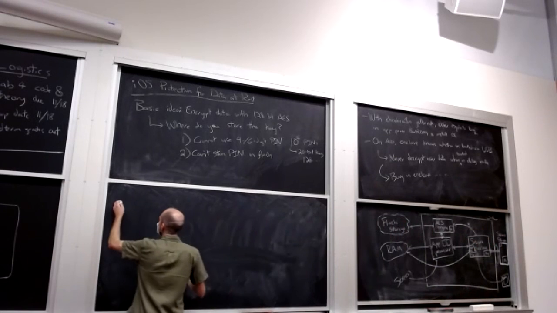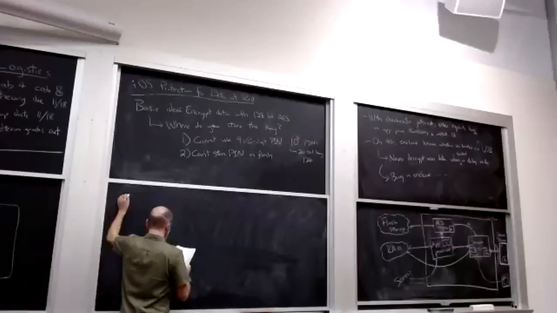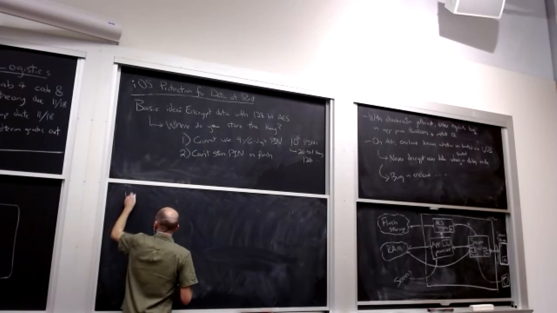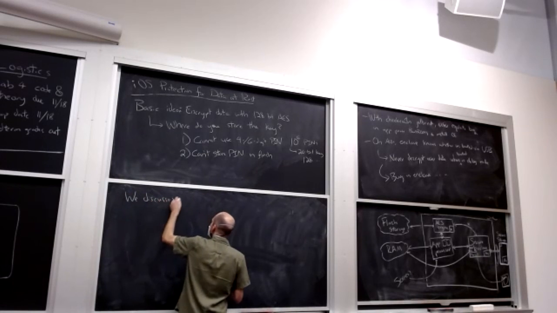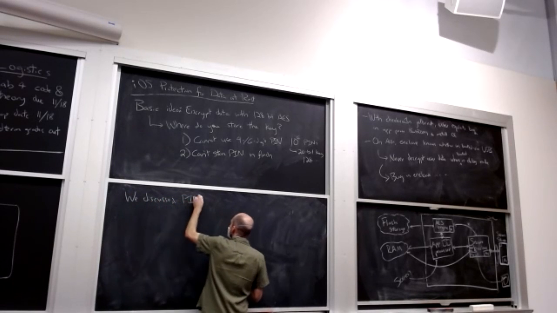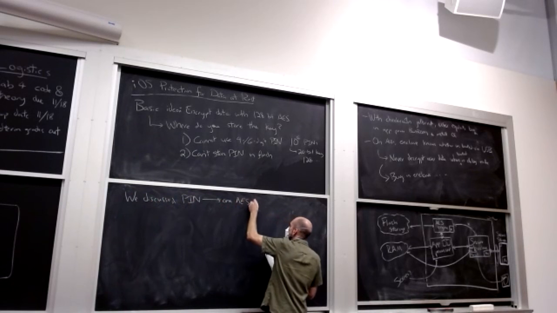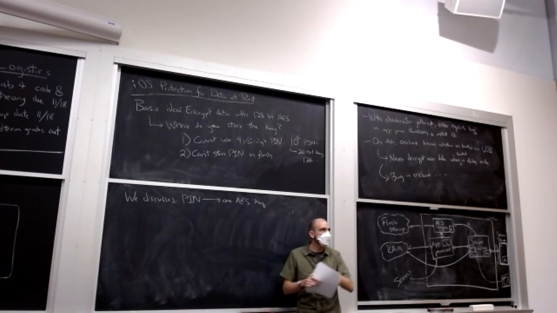I'll just briefly say why this ends up being even more complicated when you want to implement it in the full system. We discussed going from a PIN to one AES key. But really, there's a huge number of things that need to be encrypted, and for various reasons, you might want to use different AES keys for them.